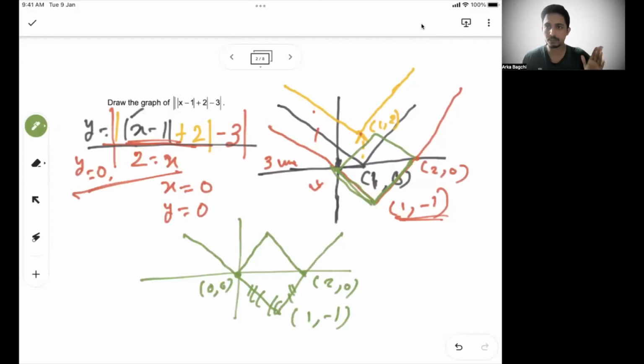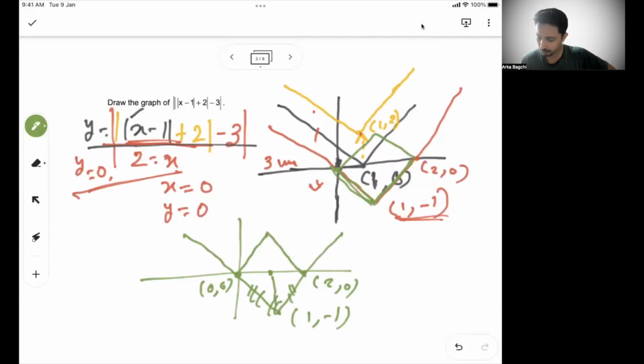Mod of x minus 1 plus 2 whole mod minus 3 whole mod, the entire thing is a mod, so it cannot be negative. It cannot have a negative component. It will be a positive part, right? For example, between 0 to 2, previously at x equal to 1 we had y equal to -1.